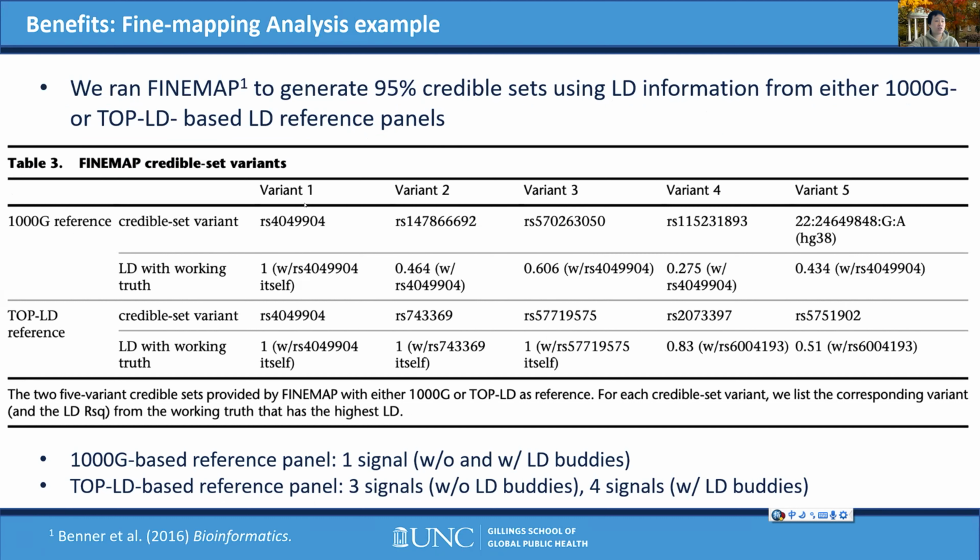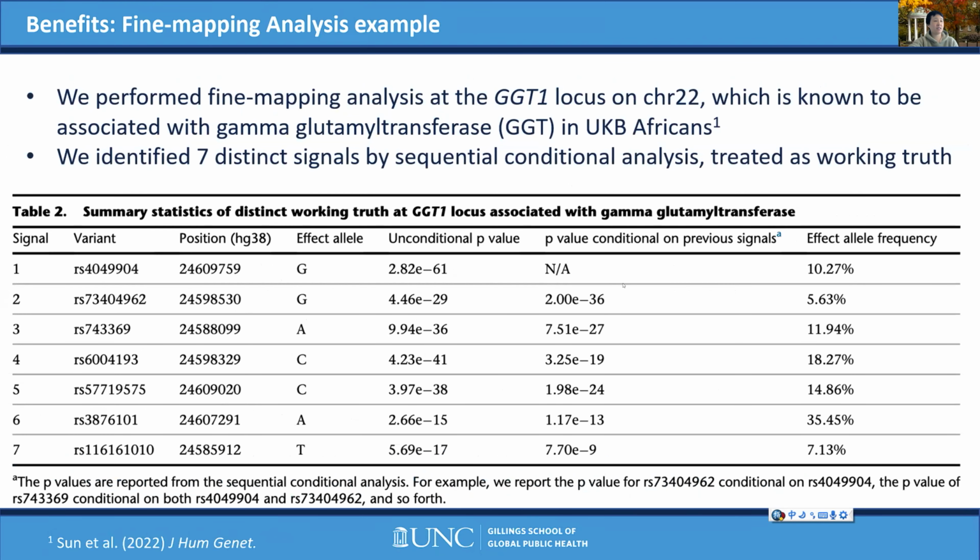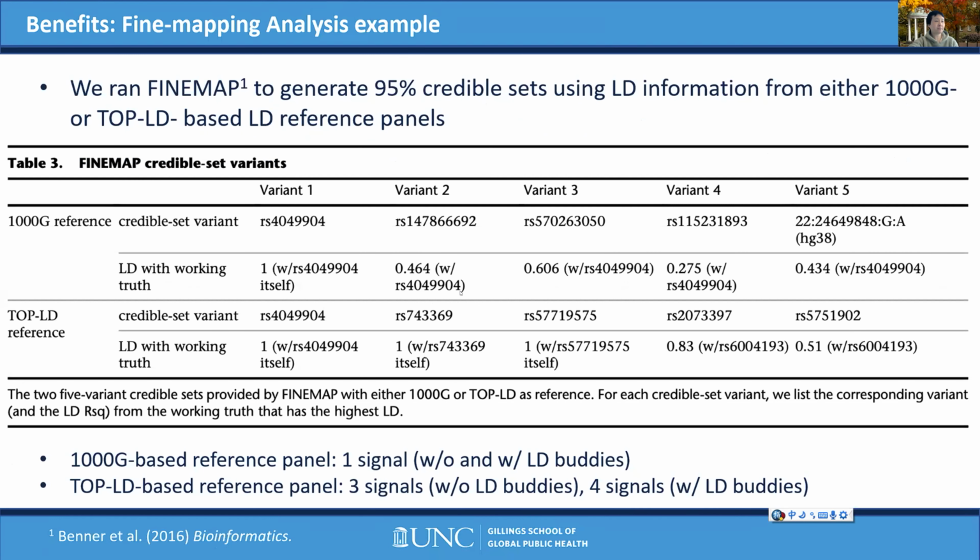And actually, in both cases, the 95% credible set ended up having exactly 5 variants. That's a coincidence. But the 5 variants have only one overlap, which is this variant here. This variant is actually the most significant variant as established from the working truth, as you can see here. This variant has a conditional p-value of 10 to the negative 61.